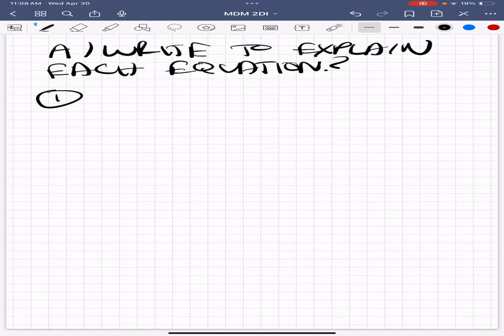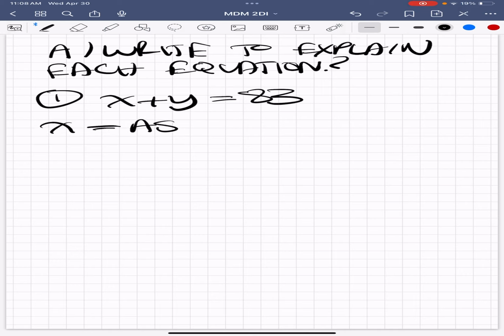So we have 1, x plus y equals 83, x being assists, y being goals. This equation summarizes the amount of goals and assists for his final score of 83.